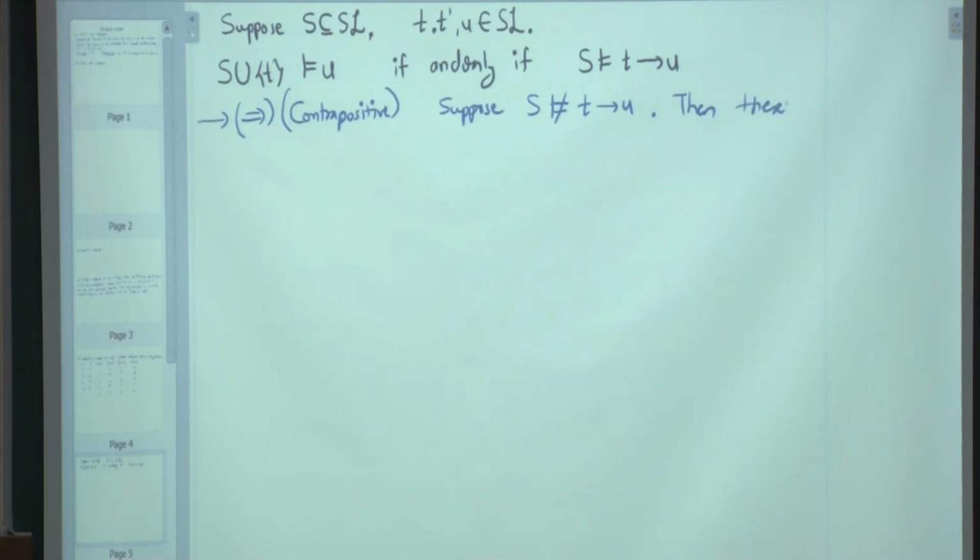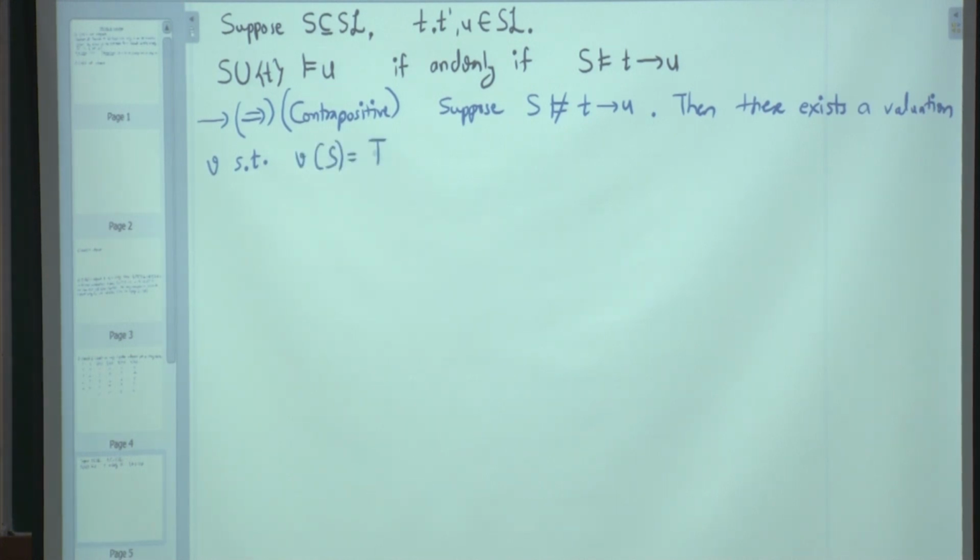See, I am not writing "there exists" here. I am just saying in words that there exists a valuation. We are doing logic, so in logic you should never use meta level quantifiers. You should always write them in English. So then there exists a valuation V such that V of S is true.